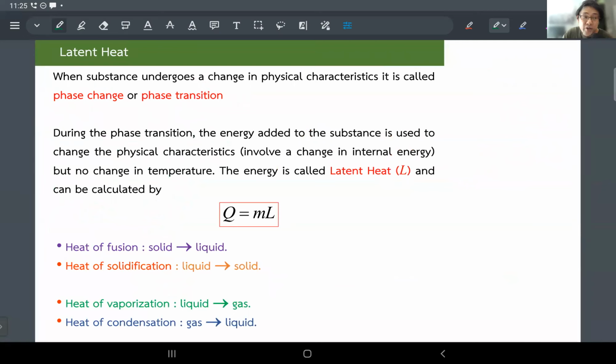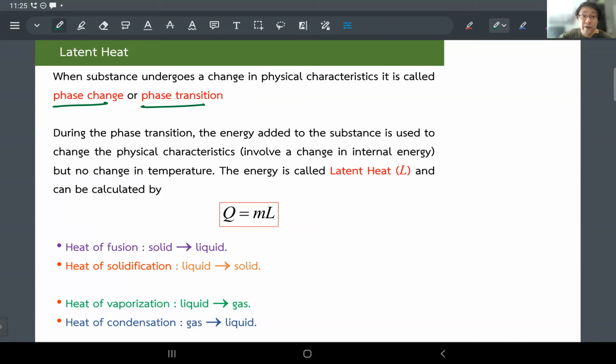That location is the one where you hit a phase change, or phase transition. Whenever you're already sitting at the transition temperature, the energy that you supply to the substance won't be used to increase the temperature anymore. But the energy that you supply will be used to change the phase.